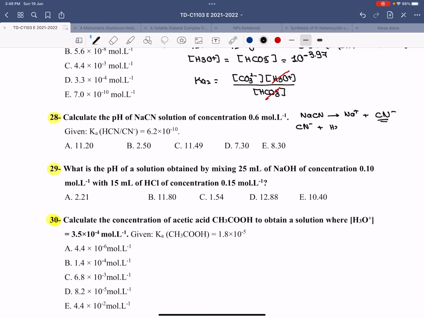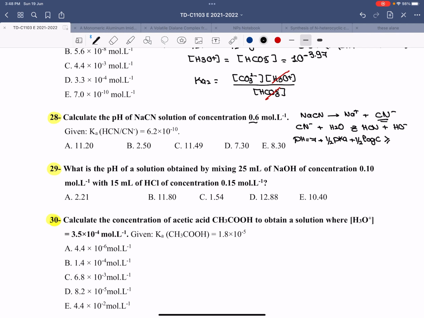It reacts with H2O to give you HCN plus HO minus. How do you find the pH of a base? Look at the initial concentration. And assume that the conjugate acid HCN is negligible, then the pH is equal to, remember, 7 plus half pKa plus half log C, since I have only 1 pKa because it's 1 basicity.